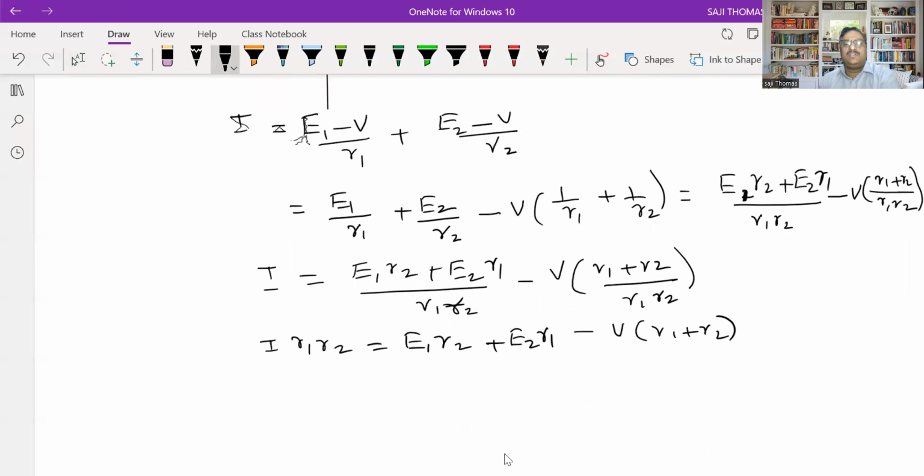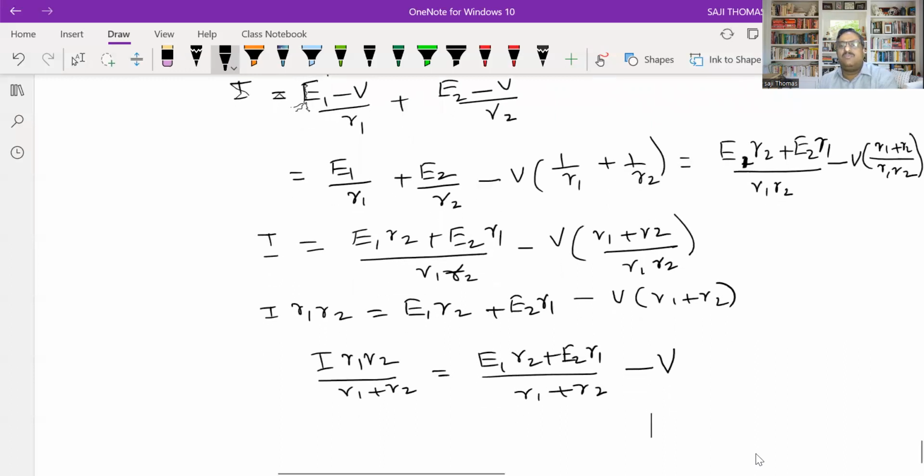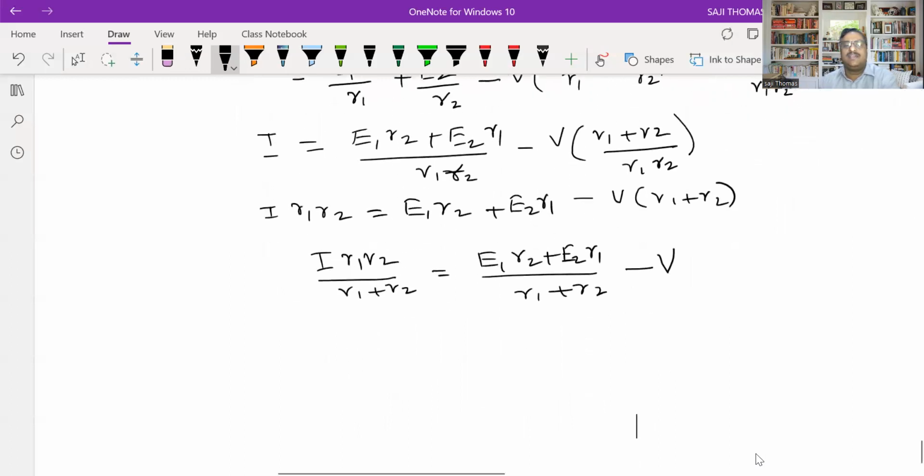Now we can divide throughout by R1 plus R2. So what are you getting? I R1 R2 divided by (R1 plus R2) equals (E1 R2 plus E2 R1) the whole divided by (R1 plus R2), minus V. Now we rearrange this equation in the form V equals E minus IR.